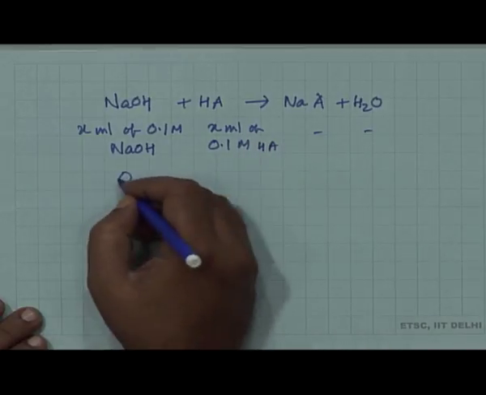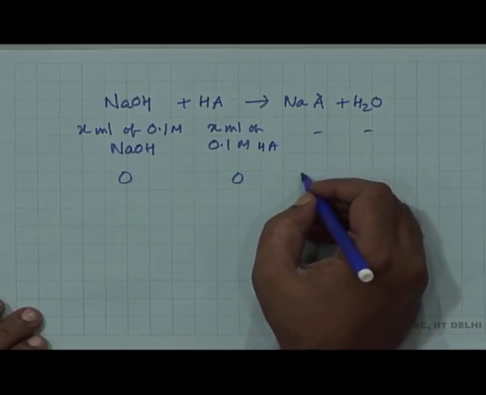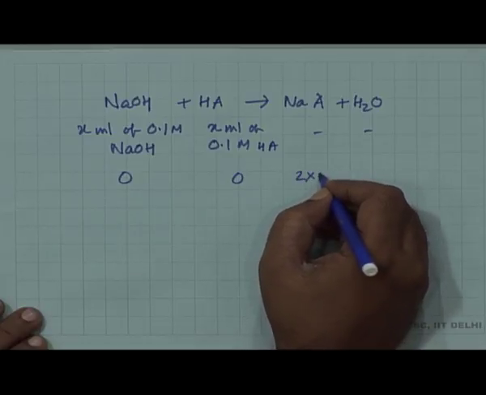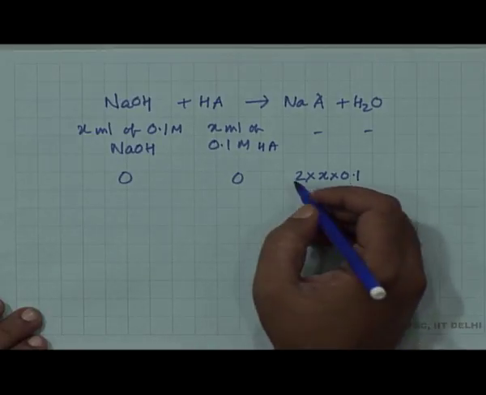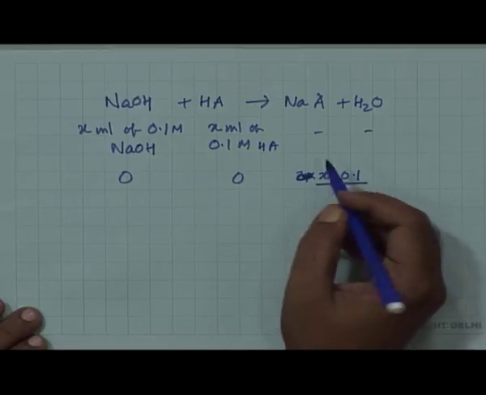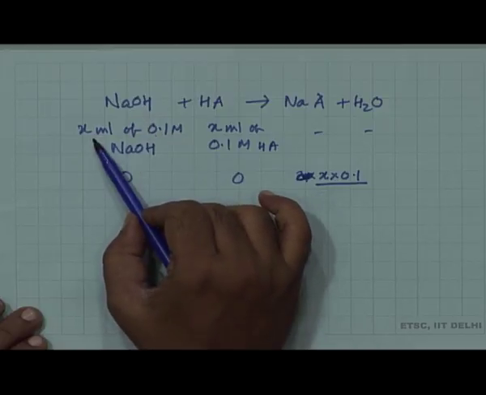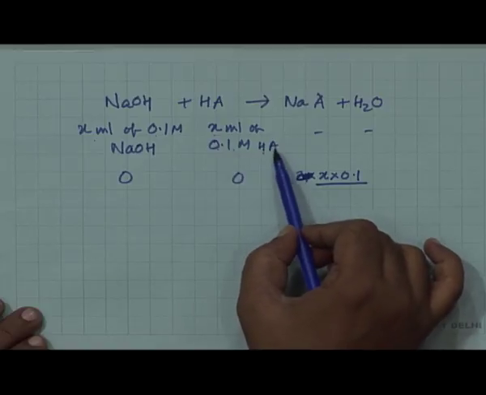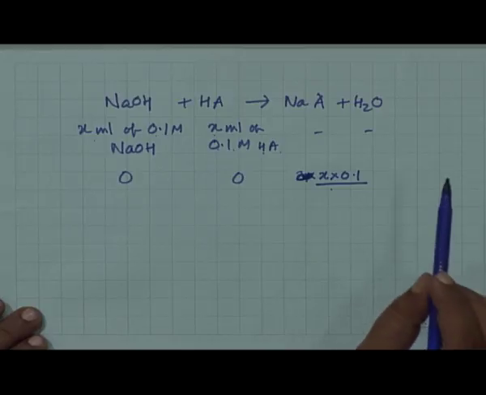So, this will leave 0, 0, and we get 0.1 into x millimole of NaOH reacting with 0.1 x millimole of HA to give you 0.1 x millimole of NaA.